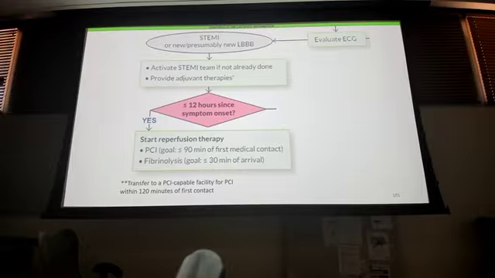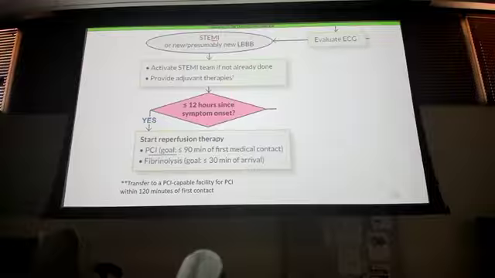Because if they can determine that this is a patient who is having that ST elevation, then they have to get that patient to the cath lab within 90 minutes of them coming to the door, okay? So 90 minutes, if you're in a facility that can do PCI, within their first contact, they need to get it up there.